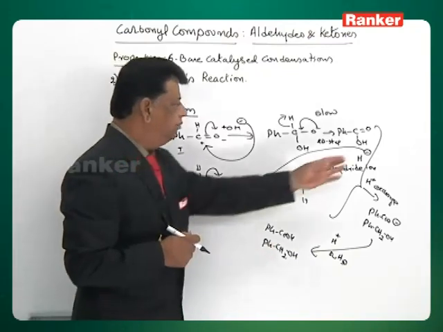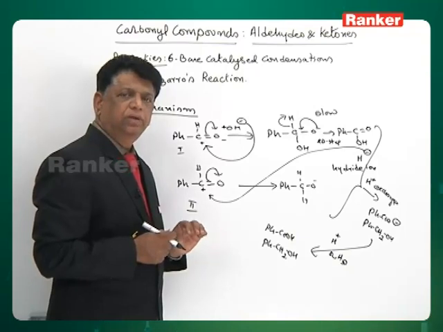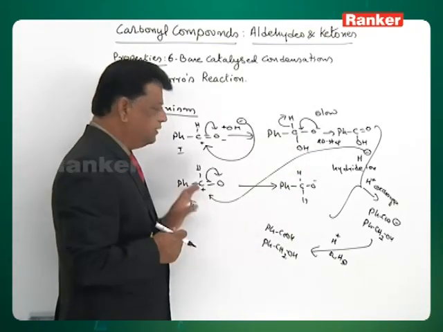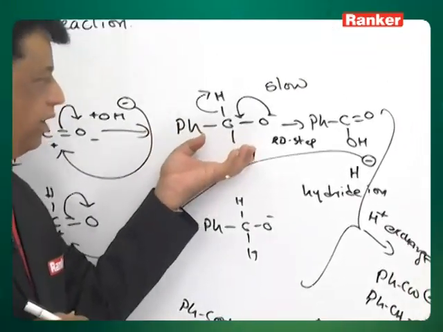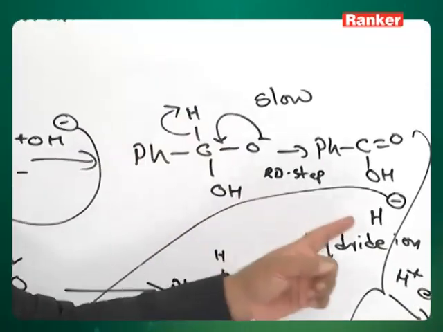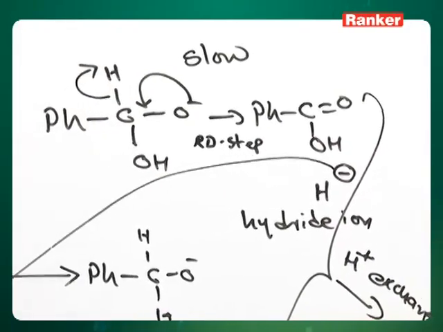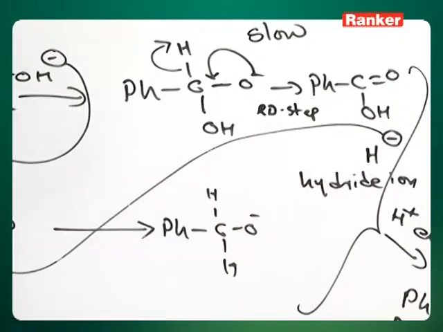It will be fast only, because an ion attacking on an ion will always take zero time, very spontaneous or instantaneous reaction. Only from this carbanion, the H minus hydride ion formation will be the slowest step here. That attacking will again be fast, and these are all just neutralization types of steps.